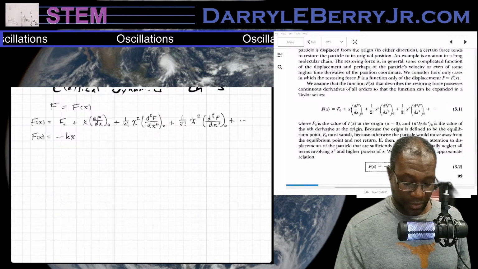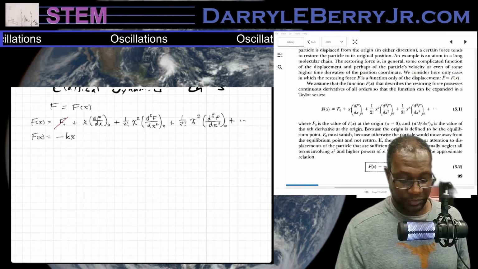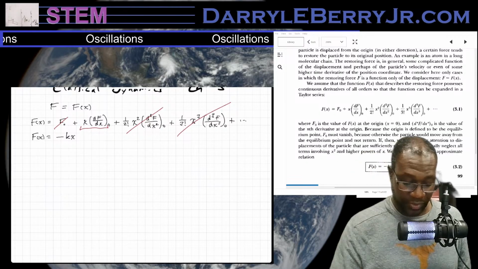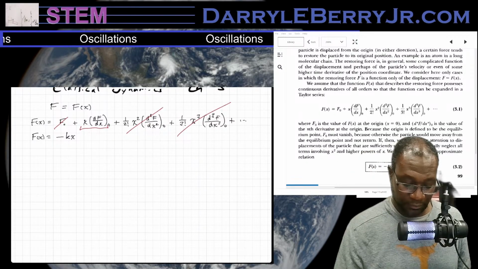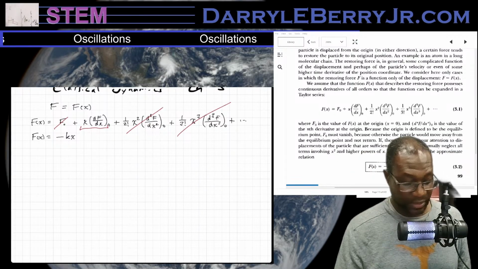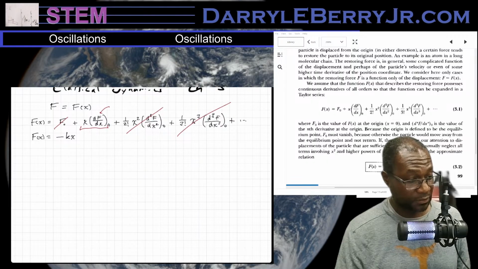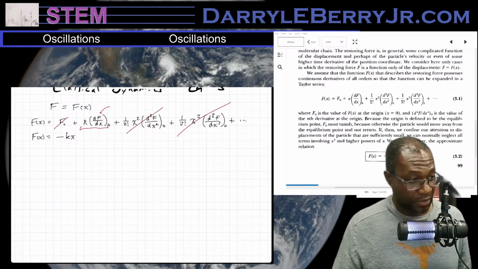So this is 0 because there's no force at the origin, because it'll be pushed out of the origin. And these will be so small that we could ignore them. So we've basically taken this right here. And it seems we're calling this force constant K or negative K. We'll see how that goes.